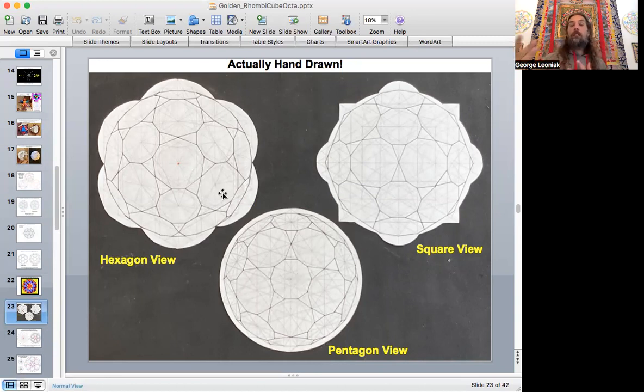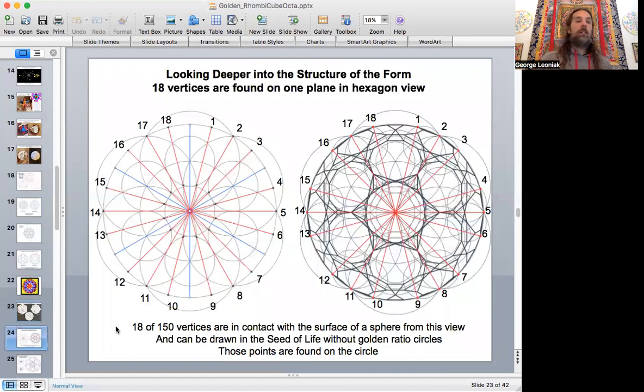All the lines and the nodes and whatever we need to draw it from those three perspectives that I've talked about ever since my first videos, it's all contained within the golden ratio circles, and some creative use of finding the connecting lines that are going to give you the vertices and edges that you need to show the form accurately from three perspectives. It's never been done for this form before, so it's a brand new form.